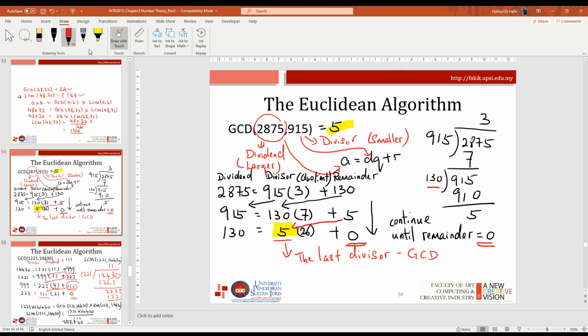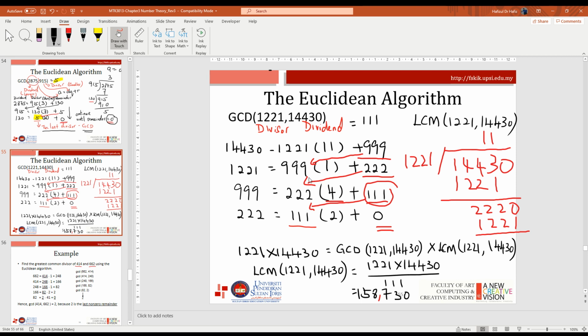The formula is a equals the divisor times q plus r. I explained this earlier. The last divisor is the GCD when the remainder is 0.